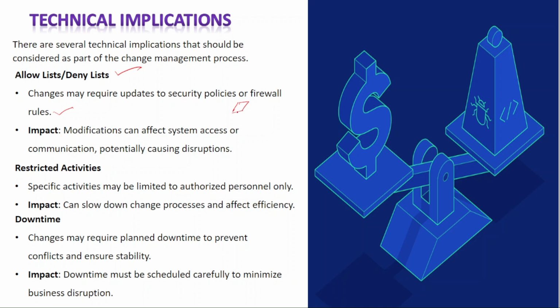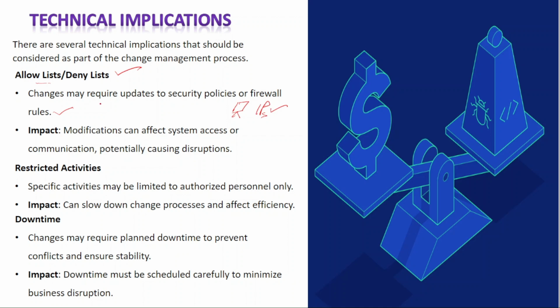The new application will incorporate new servers and new IP addresses. These IP addresses must be included in the allow list. So the security firewall or policies may require updating as you are introducing new IPs. The impact is that modification can affect system access or communication, potentially causing disruption.